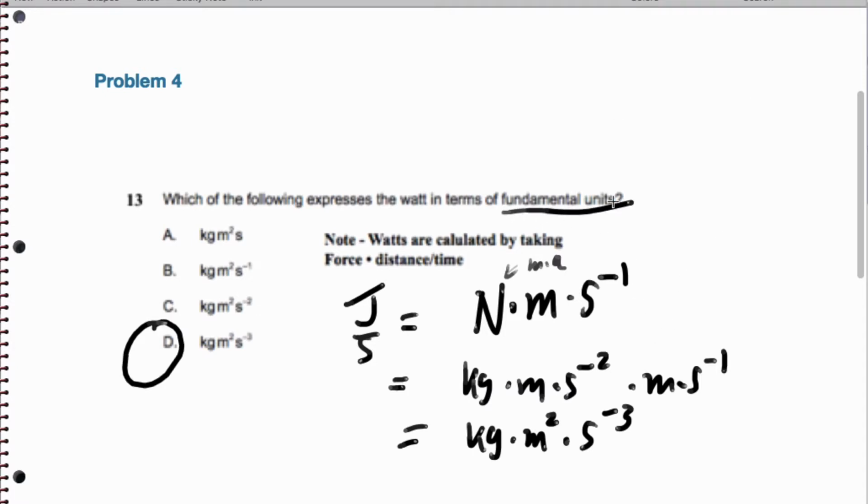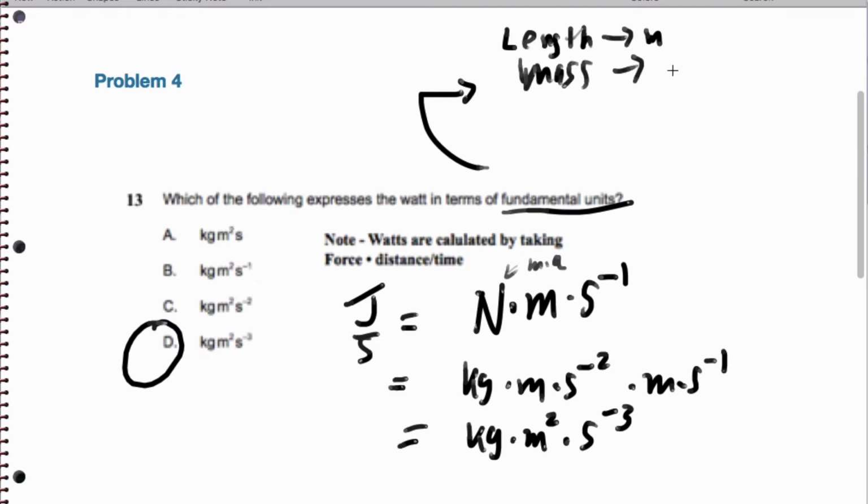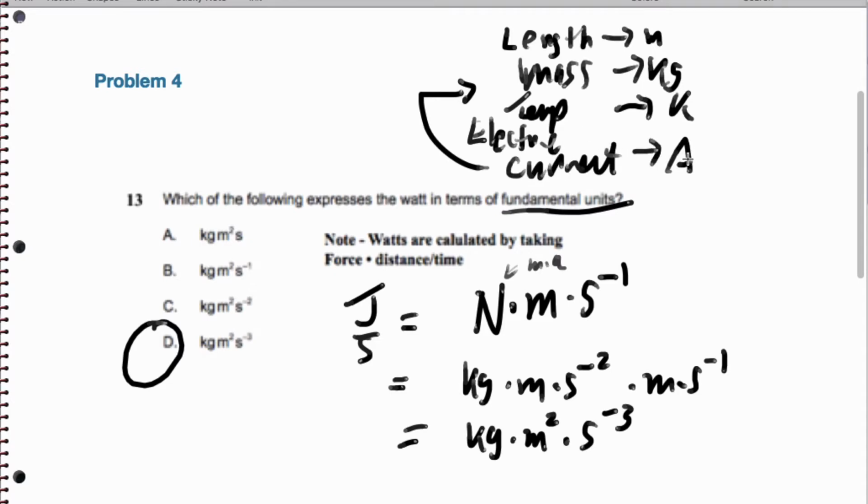By the way, when we say fundamental units, let's just review the fundamental units quickly. So we have length, measured in meters, mass, measured in kilograms, temperature, measured in Kelvin, electric current, measured in amps or amperes. We have luminous intensity, measured in candelas.